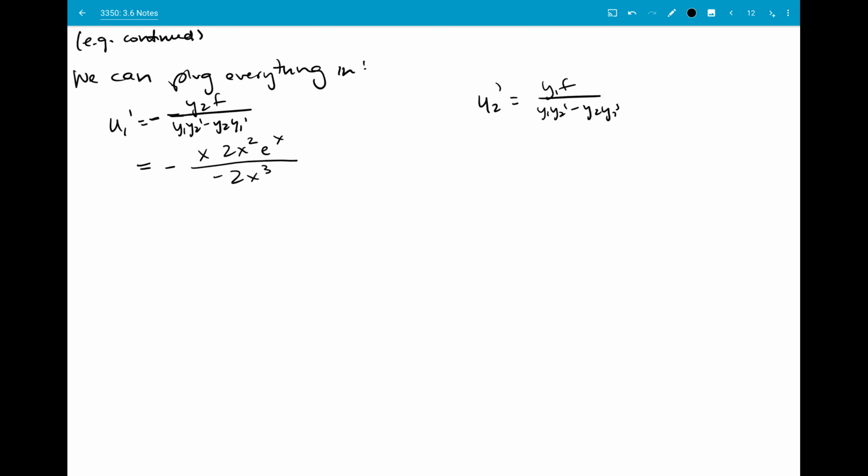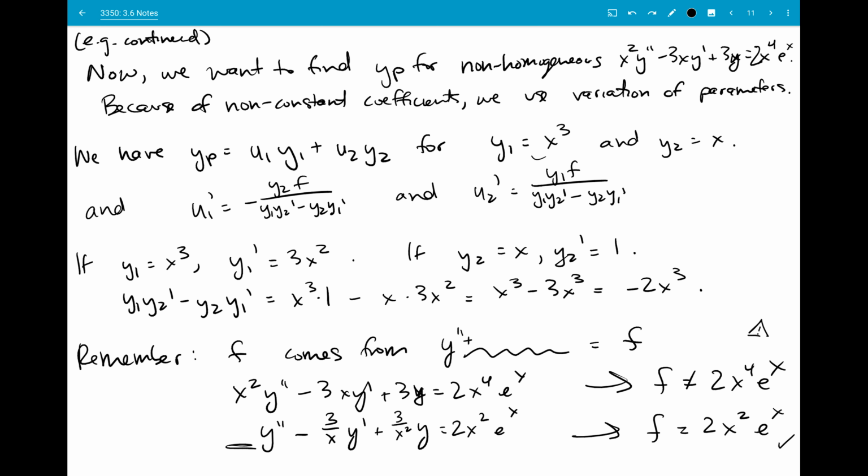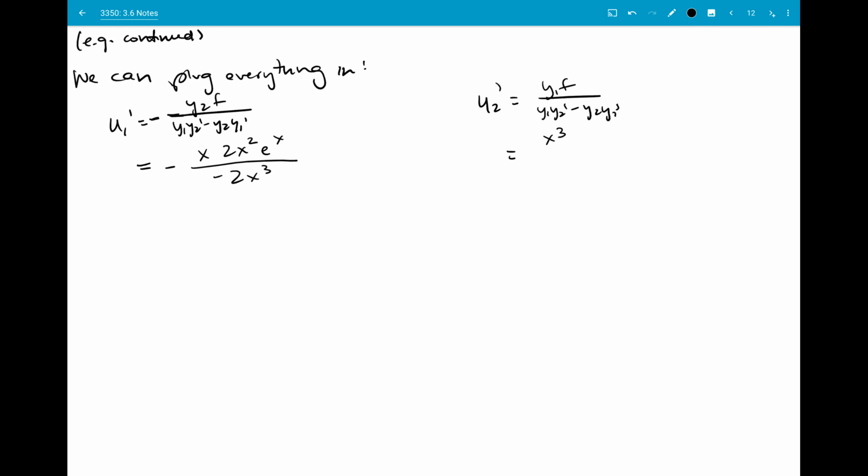And so for u2 prime, y1 was, what was it, x cubed? Yep, y1 was x cubed. f was 2x squared e to the x. And the denominator is the same for both, minus 2x cubed.